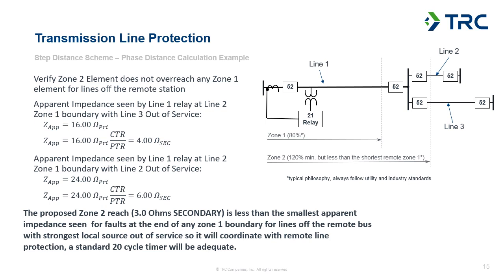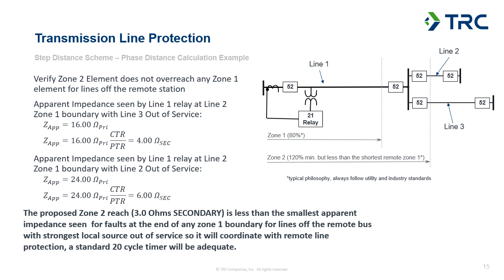So the calculations I've got here is basically we're taking an apparent impedance. This is what's seen by the line 1 relay we're setting for those worst case faults. And we get that in primary ohms and we convert it to secondary ohms. And we check to see if our zone 2 reach is higher than those values. If it is, then we might want to go in and make some adjustments to our settings, adjust the timing or adjust the reach, do something else to mitigate that problem.